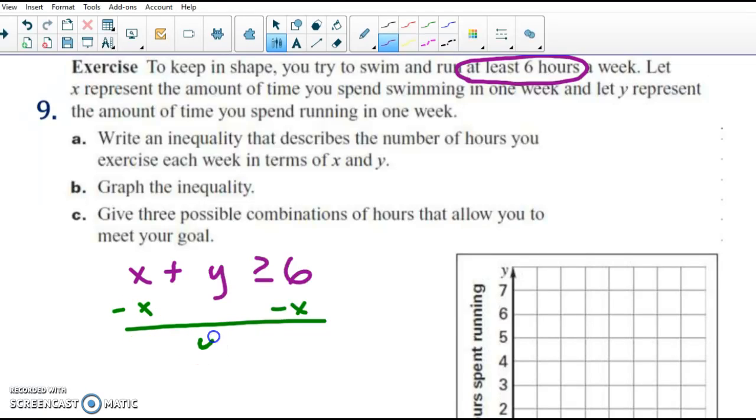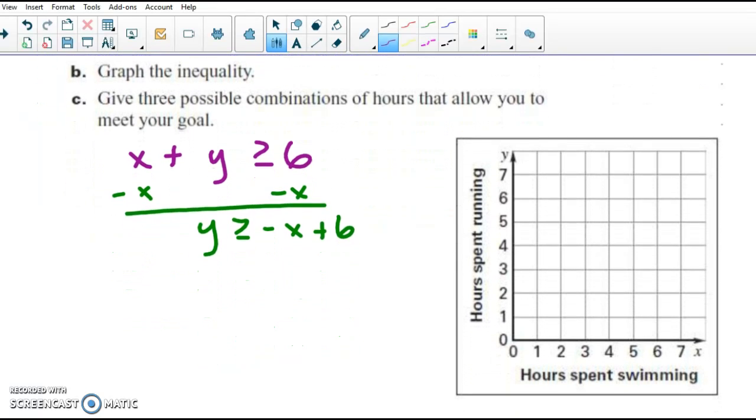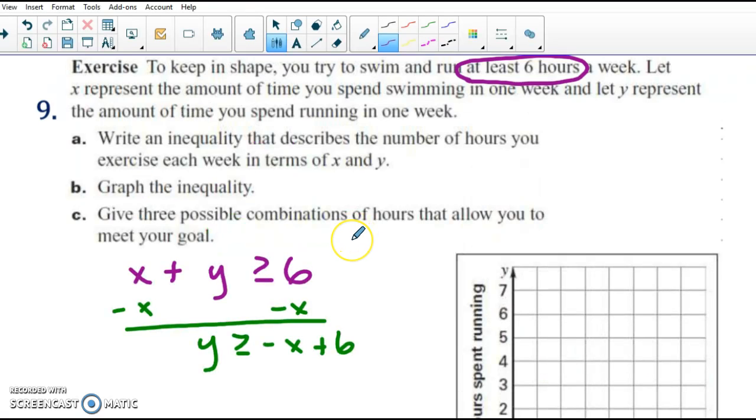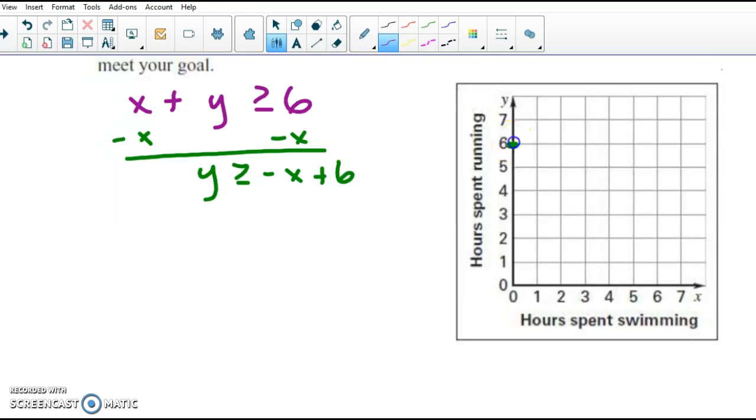X minus x cancels, so I'm left with y. And I'm going to try to put this in y equals mx plus b form. So I'm going to put my x term first. That will make it nice and easy to graph. So I'm going to start by graphing my y-intercept, which is +6. And I have a slope of -1. So I'm going to go down 1, right 1, down 1, right 1, down 1, right 1.